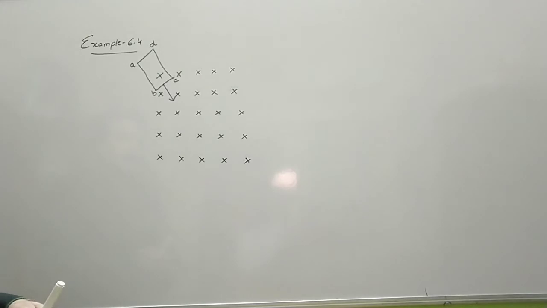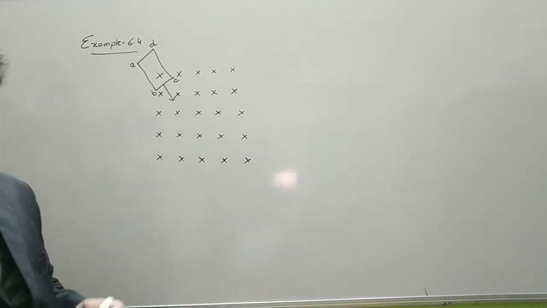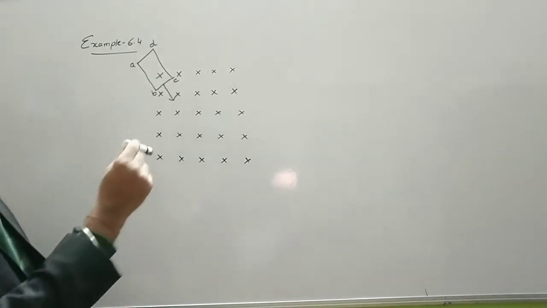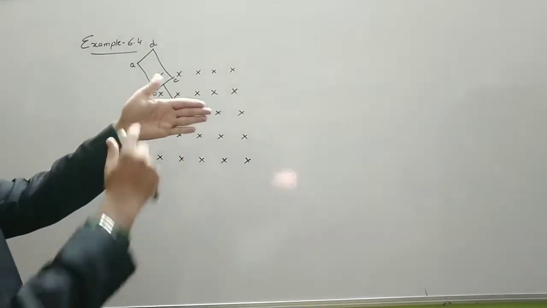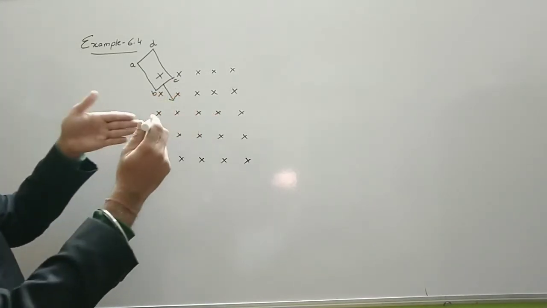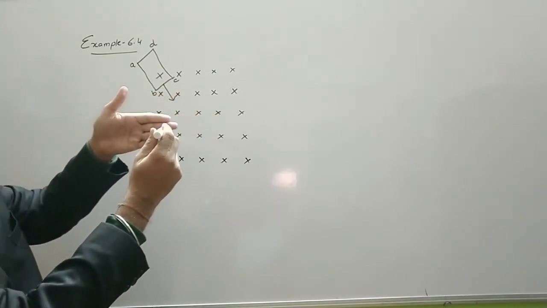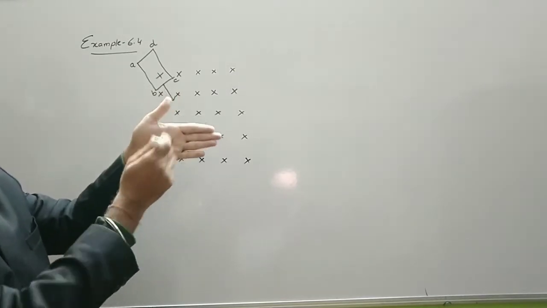Clearly, first you have to see that the magnetic field lines are going into the plane of the paper. Now suppose this is a rectangular loop. When this rectangular loop enters the magnetic field, the magnetic flux will increase.